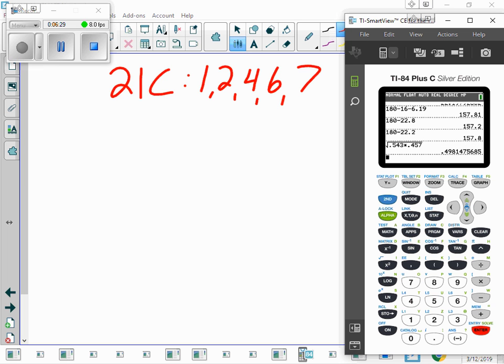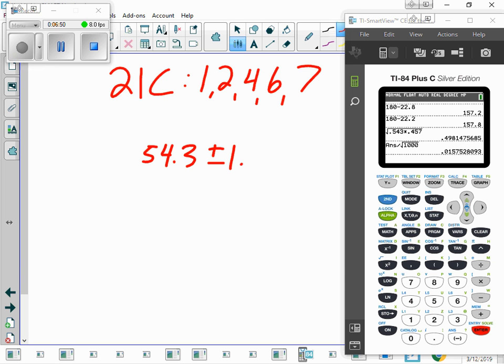This is the SD, and now I need to divide it by, how do I find the standard error for percentage? Square root of 1,000. And I get 1.6. So 54.3 plus or minus 1.6. Okay, that's true.